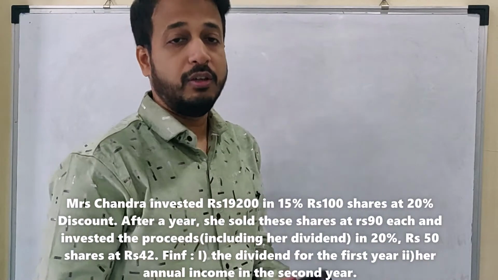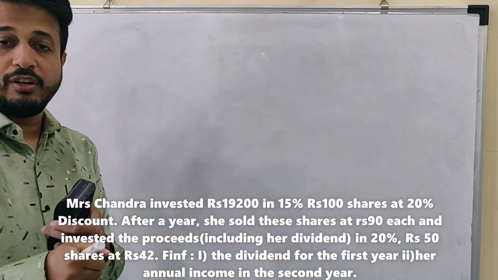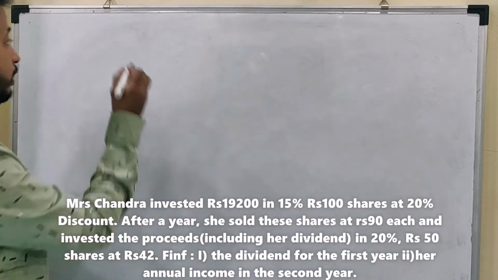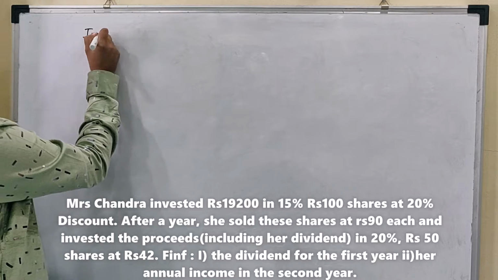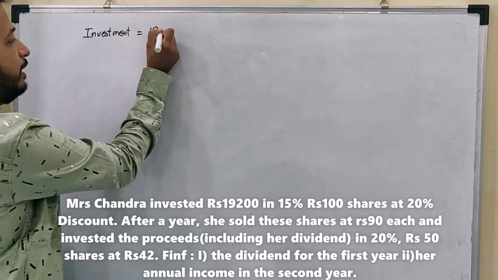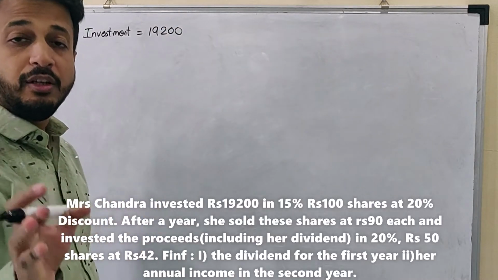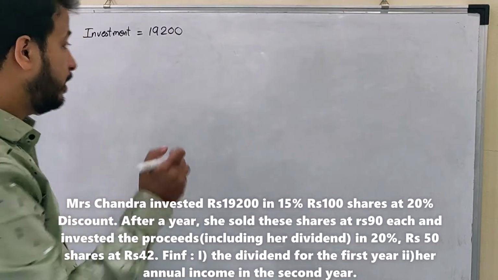Now in this question I'll just be writing the given, what things they have given. There is a Mr. Chandra, she has an investment of 19,200 rupees in shares which give 15% dividend.